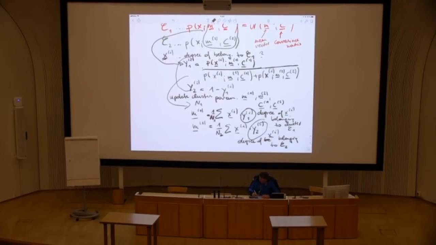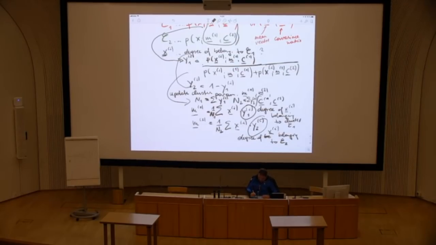And n1, the effective size of cluster 1, is just the sum of all degrees of belonging to cluster 1. And the effective size of cluster 2 is the sum of degrees of belonging to cluster 2.